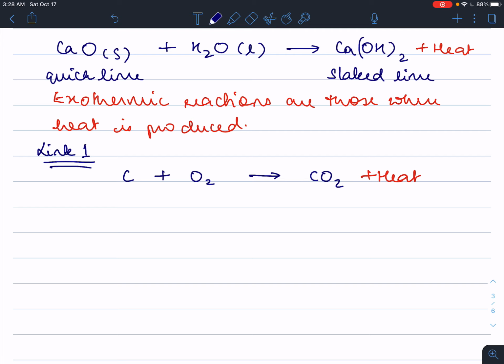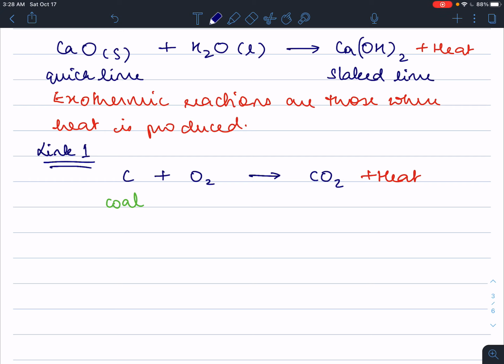So if you take carbon in the form of coal, you get carbon dioxide and heat. Now, burning of coal is how you produce electricity. The heat from an exothermic reaction like this is used to heat water to make it into steam, and that steam is used to turn turbines, which can then make electricity. So a lot of the electricity we use today comes from coal, which is an exothermic reaction.